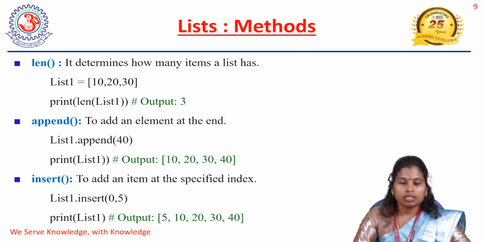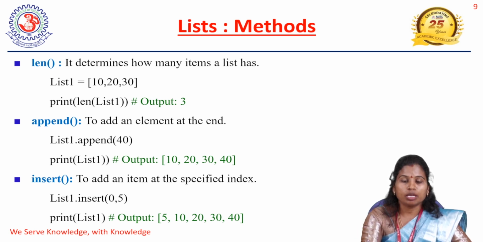After that it will add the element 40 at the end of the list. After this operation my list contains 4 elements: 10 comma 20 comma 30 comma 40. Now pass this list to the print function. The print function prints outputs on the output screen. So now I got 10 comma 20 comma 30 comma 40 on my output.